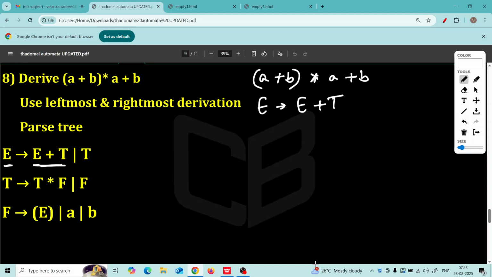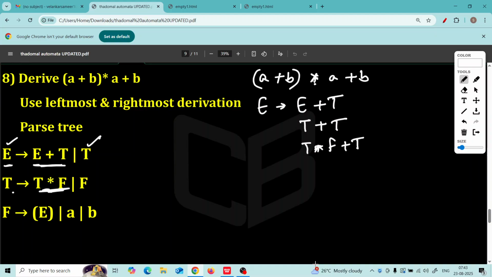In the next step, plus is generated, we want multiply. So we will say E gives T plus T, so that T gives us multiplication. So this T gives us T into F plus T. Now we have got multiply, we have got add.